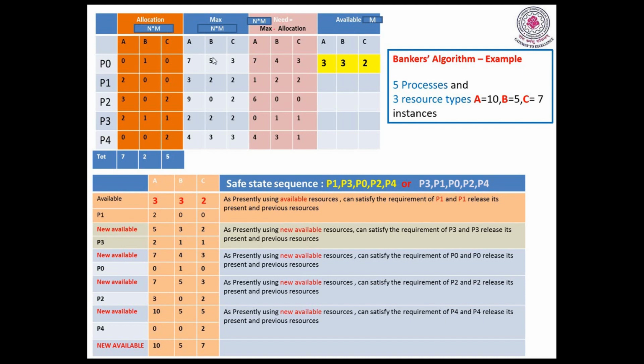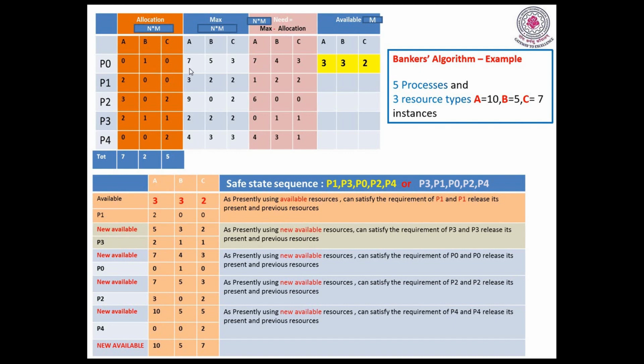Okay. Now I want to find the need. The process requested a maximum number of resources and the system allocated these resources. Now I want to find the need. Need is how many resources are still required. That means maximum minus allocation. Need equals maximum minus allocation.